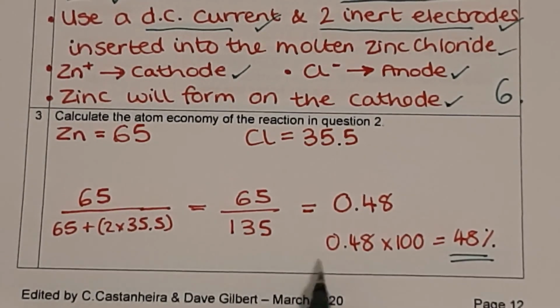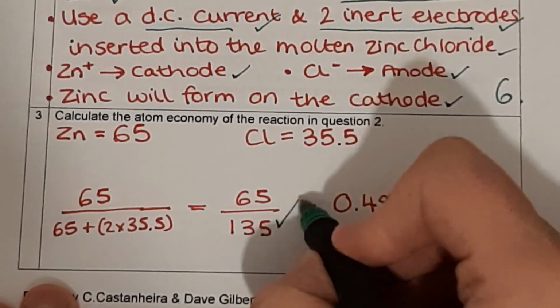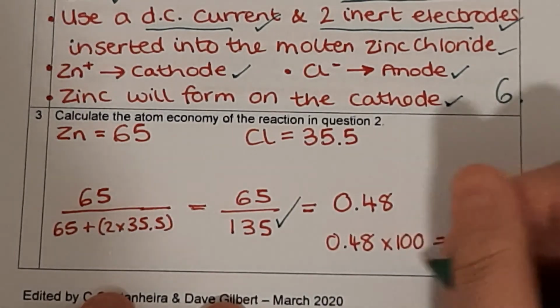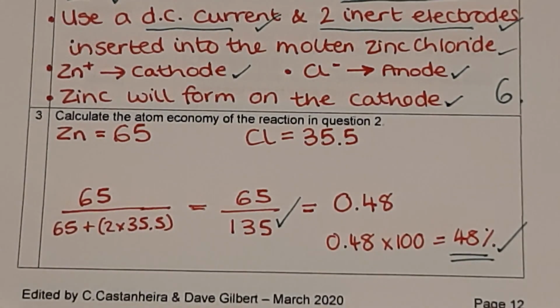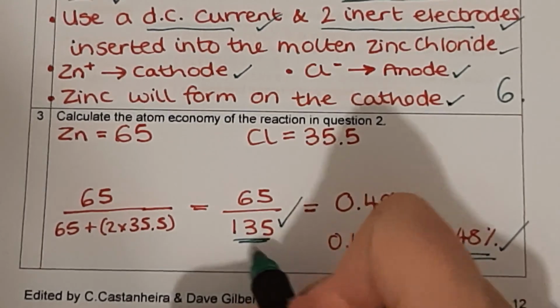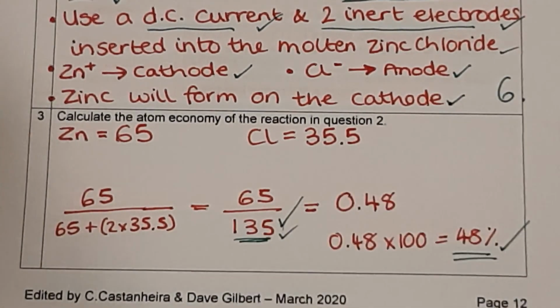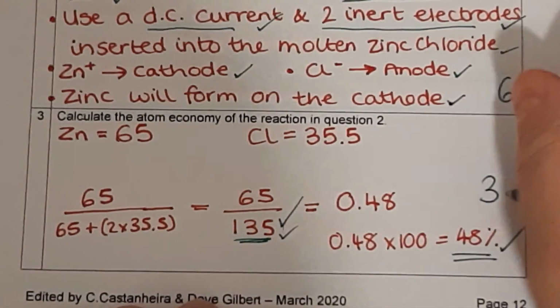You can do it however you want, but 0.48 times 100 is 48%. So you get a mark for getting to this stage here, and you get a mark for turning it into 48%. So 2 marks there. In fact, I'll give you 3 marks because I'm going to give you a mark for getting the right number here as well. So a mark for using the equation correctly and a mark for putting the correct number in. Okay, so 3 marks there.